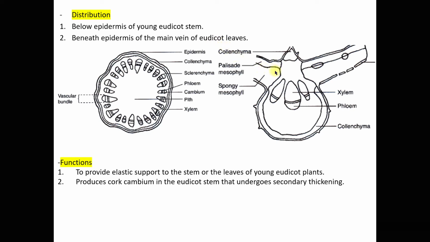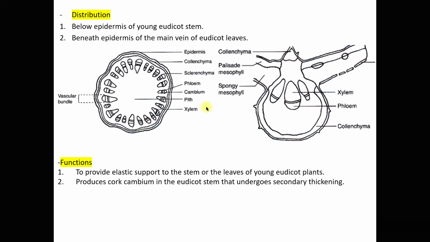So if this is a eudicot leaf, this is where the collenchyma tissues are located, beneath the epidermis. To put it simply, in the stem, these collenchyma tissues are beneath the epidermis. In the leaves also, they are beneath the epidermis.